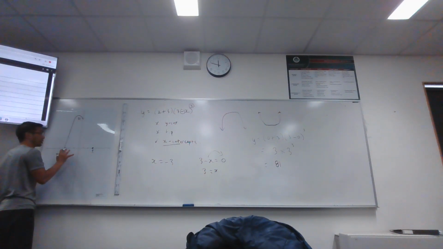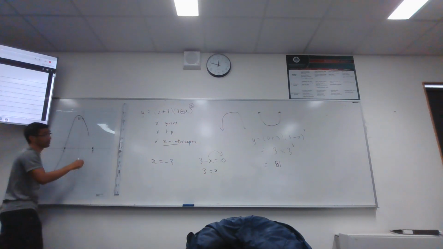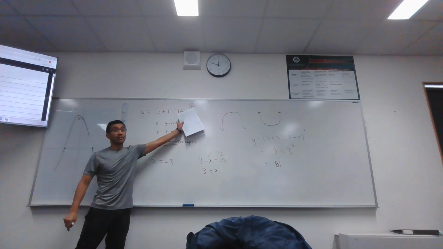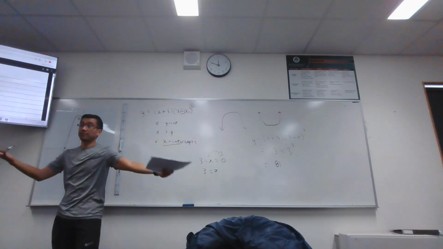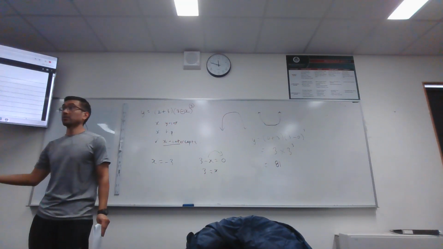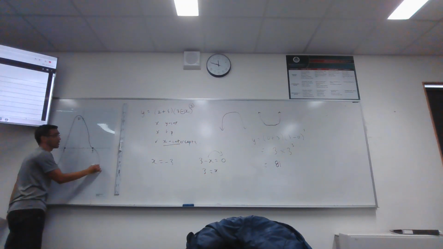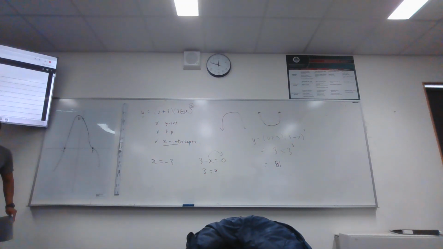But this is important. When it comes down here, it doesn't come down like a straight through. Think of it as a power of 3. What are our graphs with the power of 3? They're like cubics. So when you come down, you kind of do an inflection.